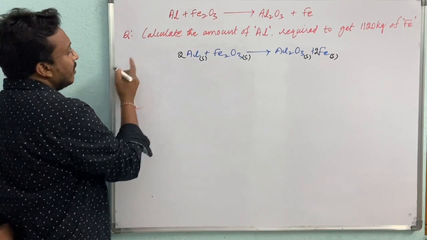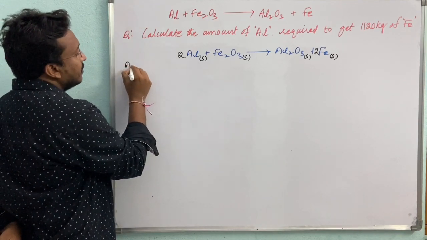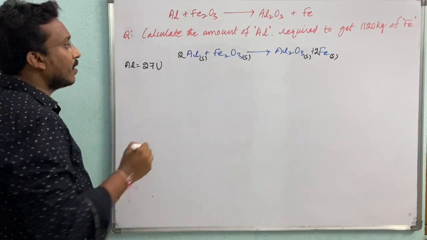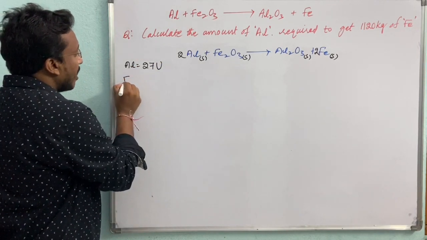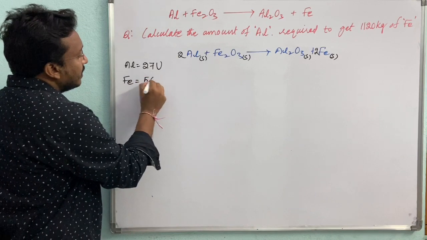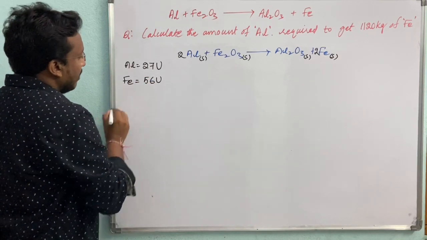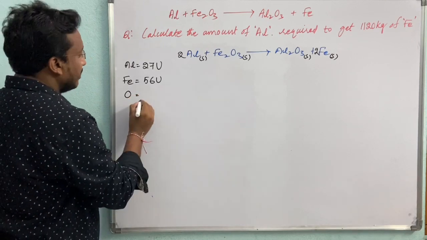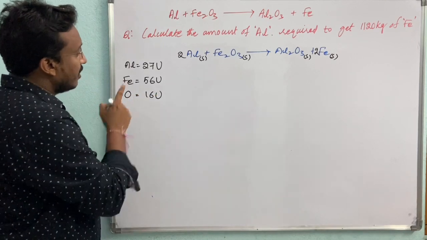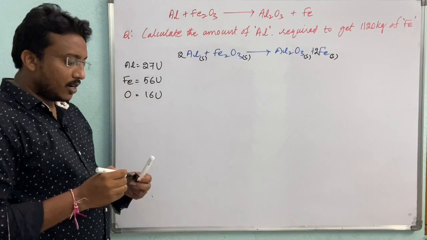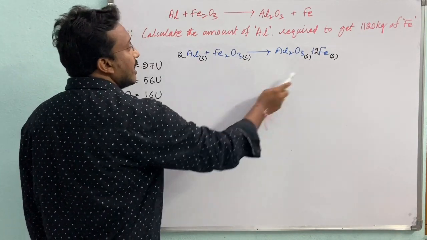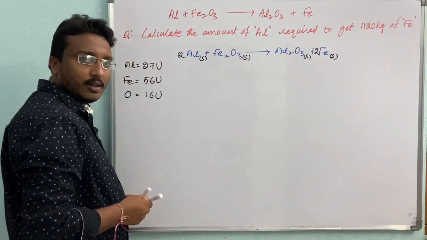We know that the atomic mass of aluminum is 27, iron is 56, and oxygen is 16. Now I am going to find the mass of the reactants as well as the mass of the products.